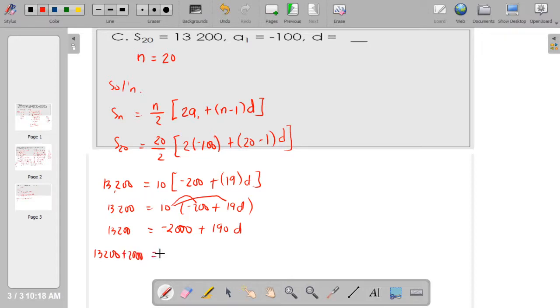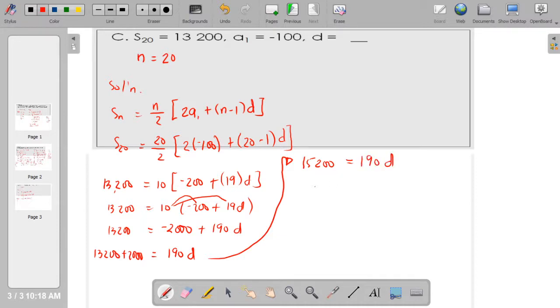Now that is equal to 190d. And what is 13,200 plus 2,000? That should be 15,200. That should be equal to 190d.